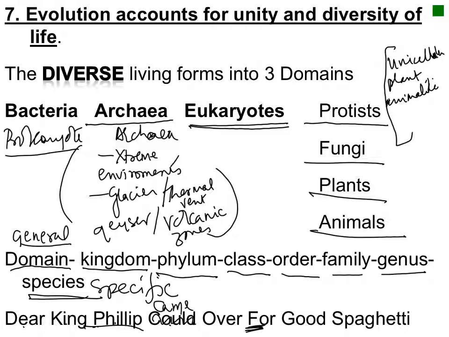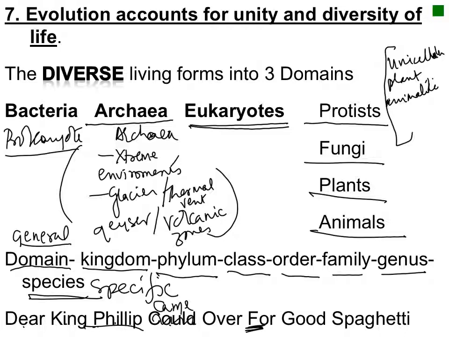Eukaryotes again are divided into 4 main parts. One is plant, then animals, then fungi. And then you have protists. Now these protists are unicellular. They can be plant-like or animal-like.